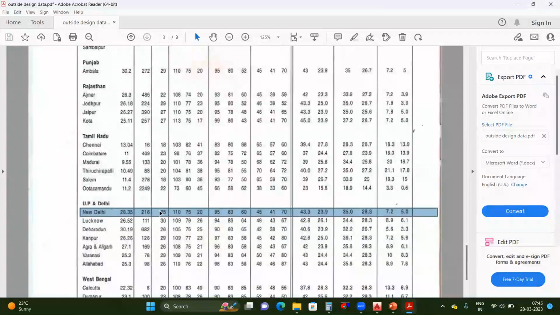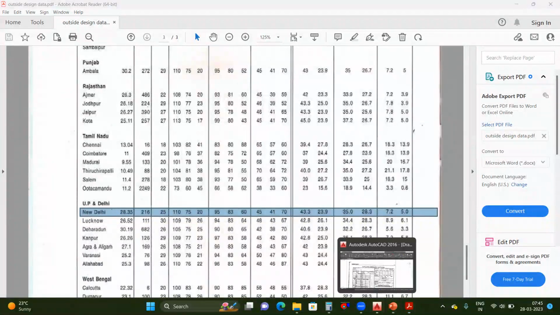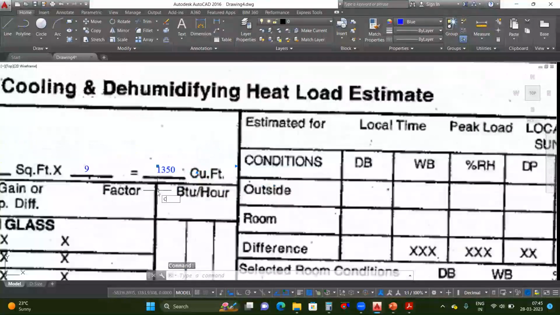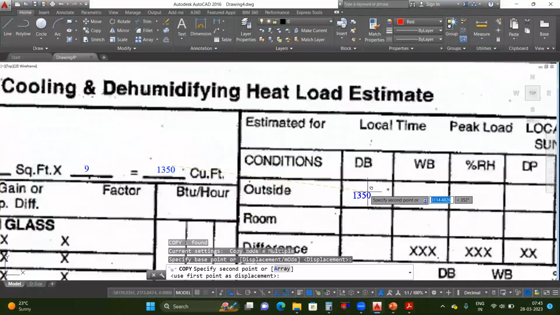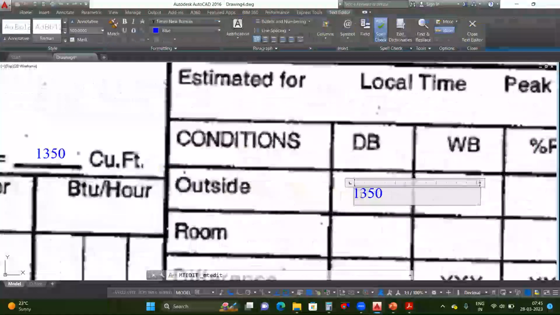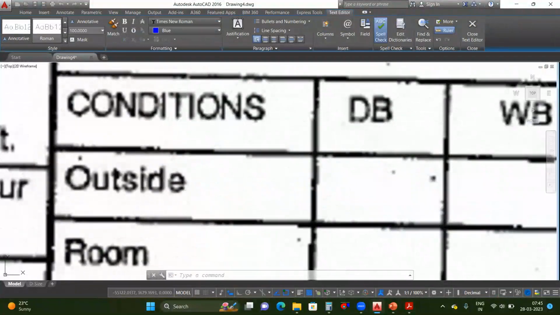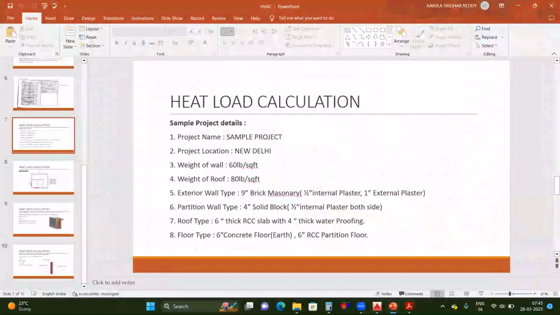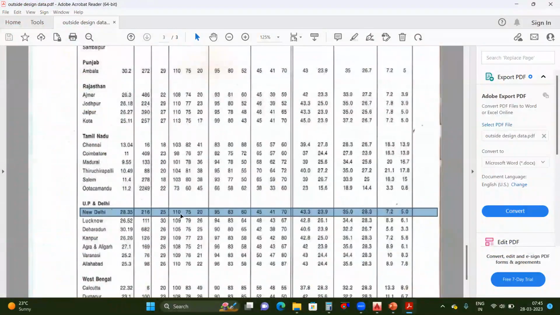So this is New Delhi. The dry bulb value is 110. I will enter it here. What is the wet bulb value? Wet bulb value is 75.